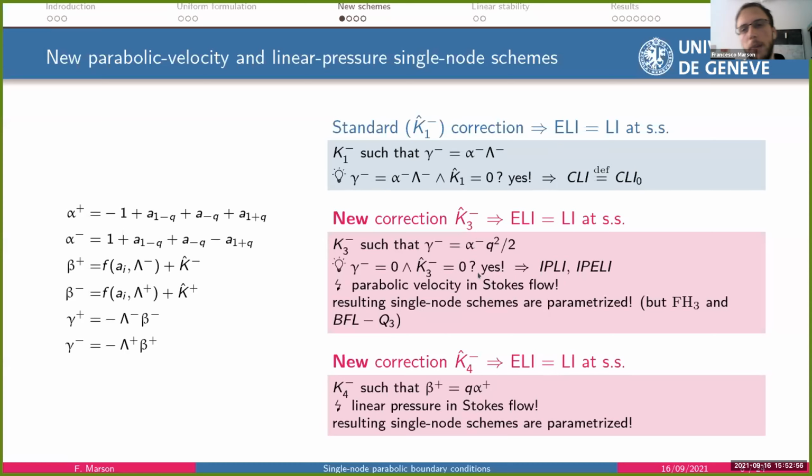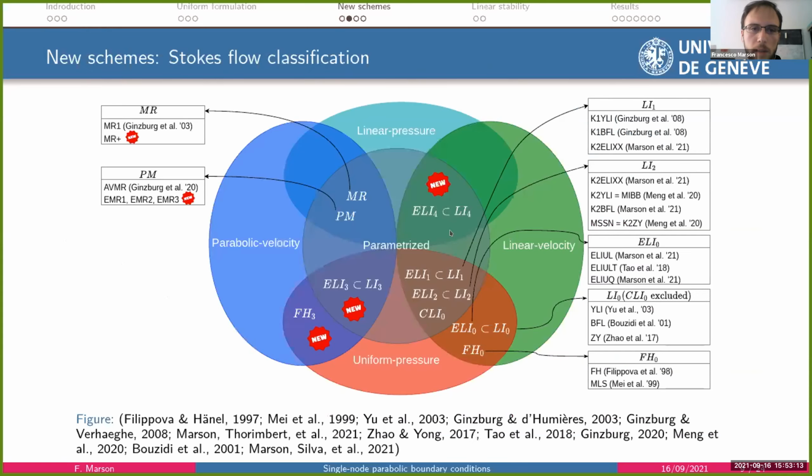Moreover, they can be applied to all the schemes inside these families. This correction will give the same accuracy at steady state for all the families of schemes to which we are applying these corrections.